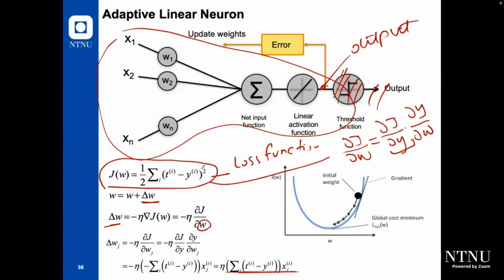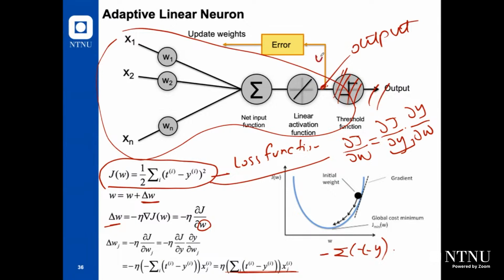It will be 2 times half. So it will be the summation of t minus y, correct, multiplied by the derivative of t minus y. The first derivative of t will be 0. The first derivative of y with respect to y will be 1 multiplied by negative, so it will be the negative summation of t minus y, multiplied by partial y by partial omega.